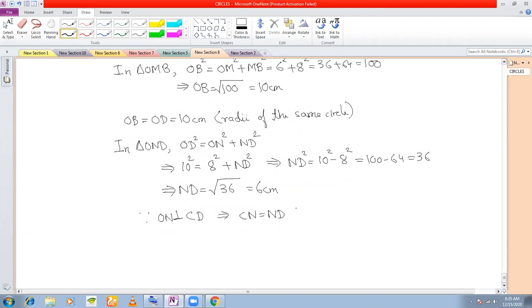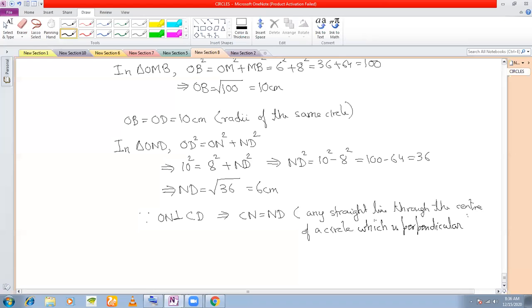The reason is: any straight line through the center of a circle which is perpendicular to a chord bisects it.